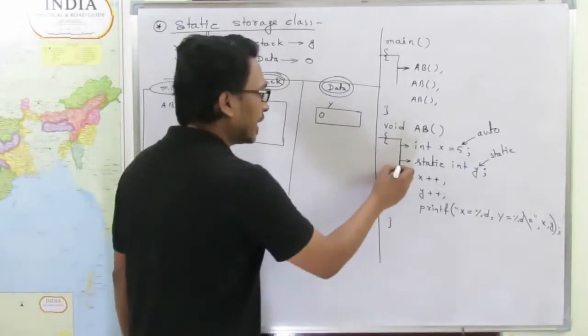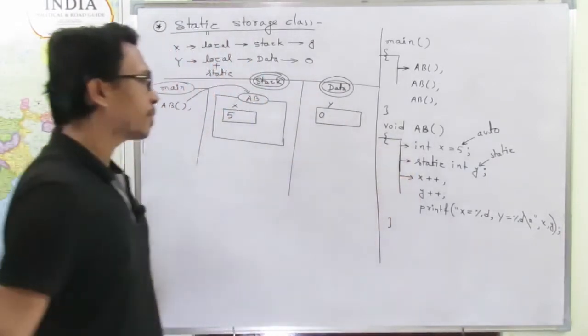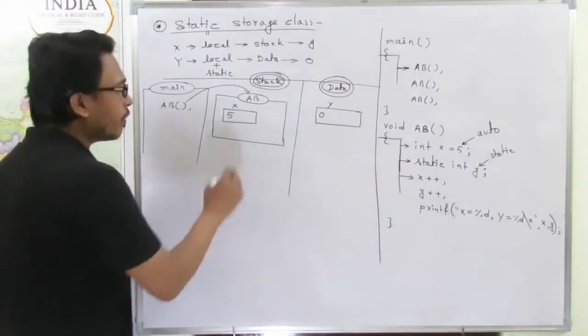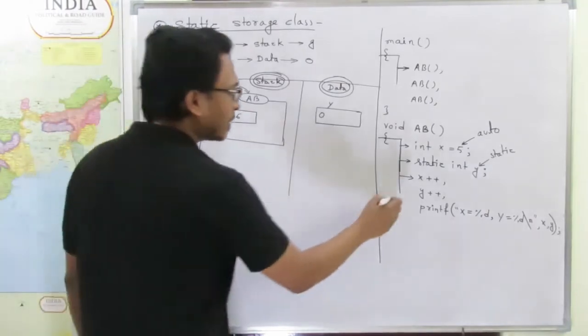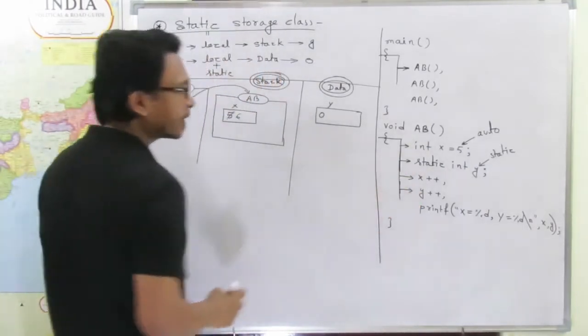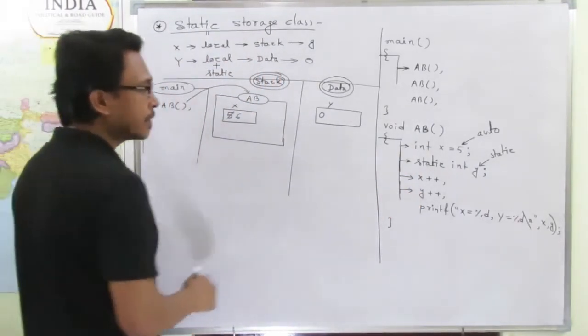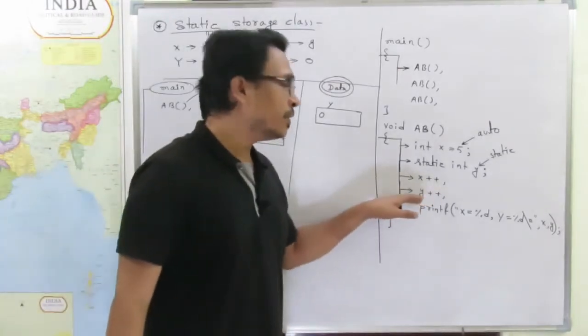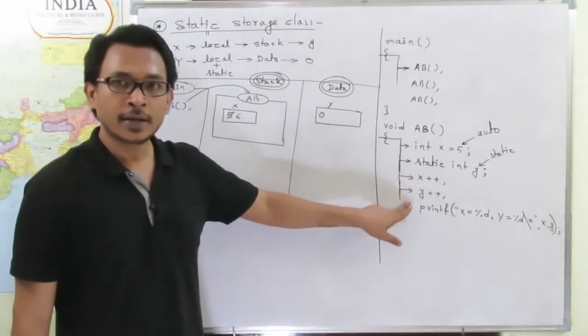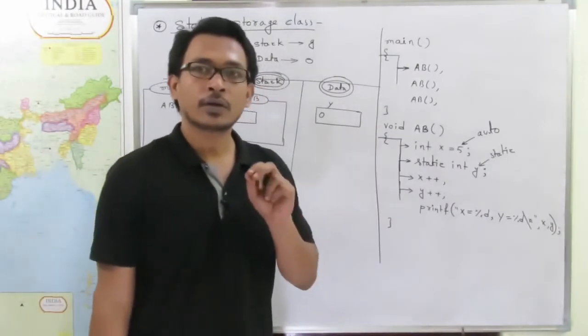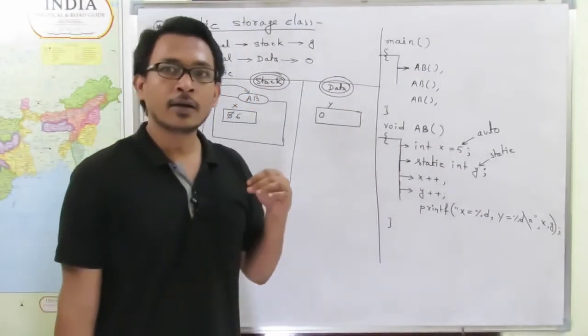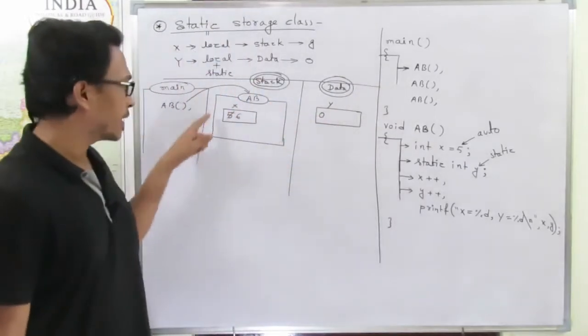Now coming to the next instruction. Next instruction is x plus plus. That means the value of x will increase by one and become 6. Next instruction is y plus plus. That means here we are using the variable y, and when we use any variable, the system first looks in the local space, that means in the stack section.